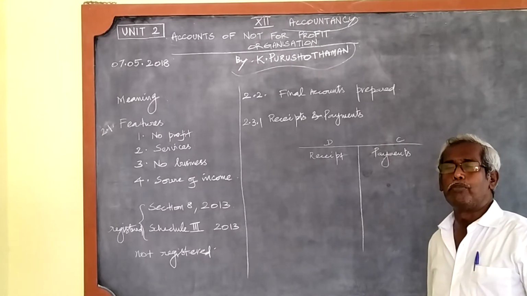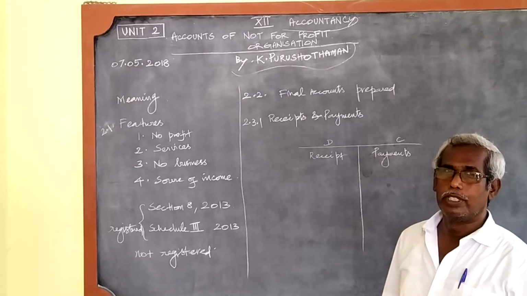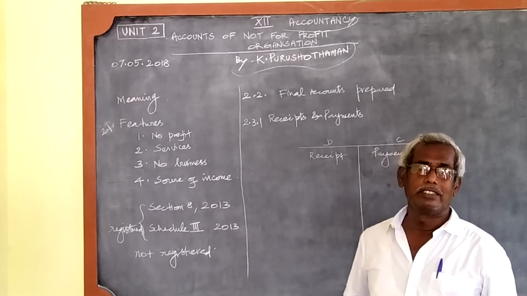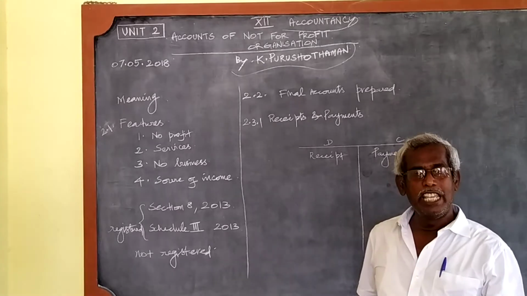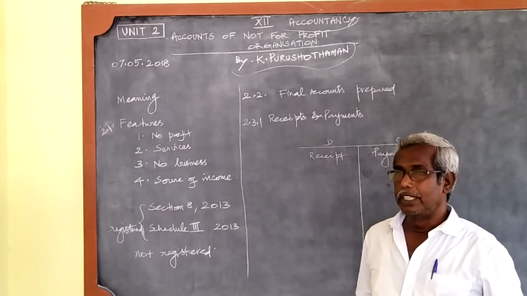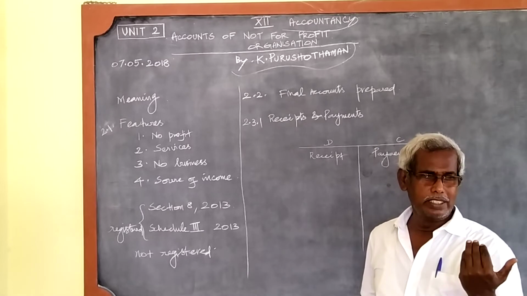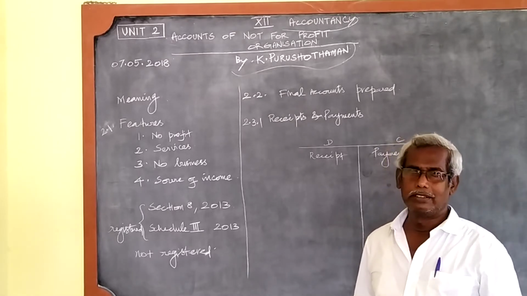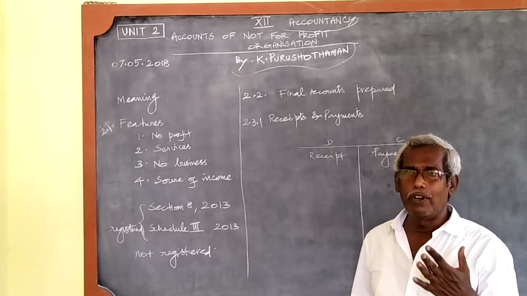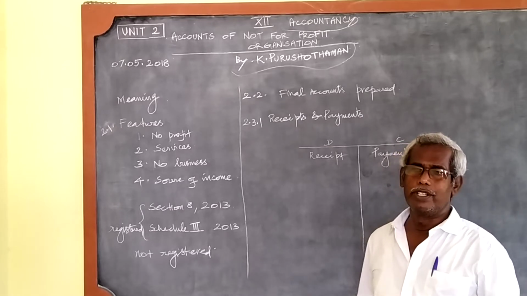There are some clubs, recreation clubs. They are not run for earning any profit. There may be a sports club. They are not for earning any profit. There may be a library. They are not run for earning profits.